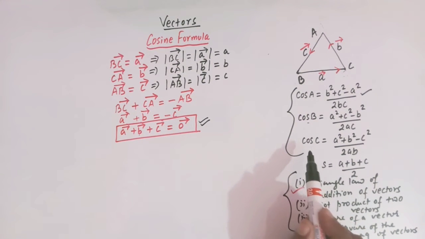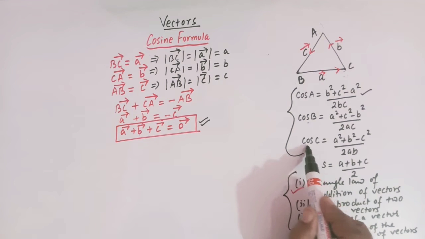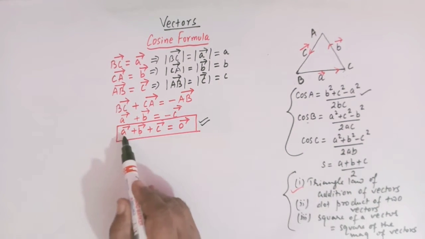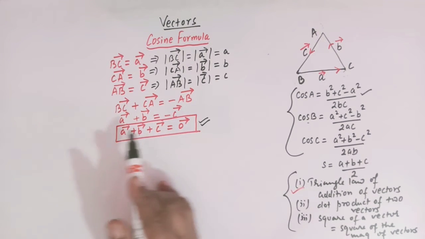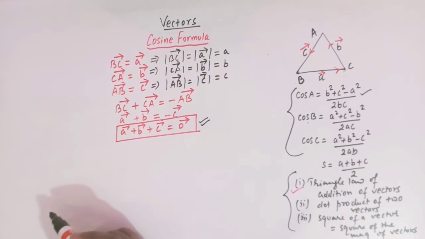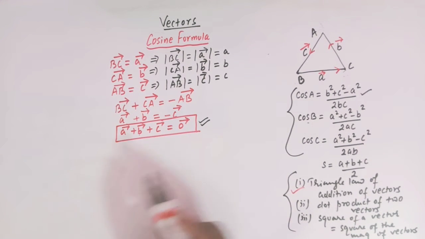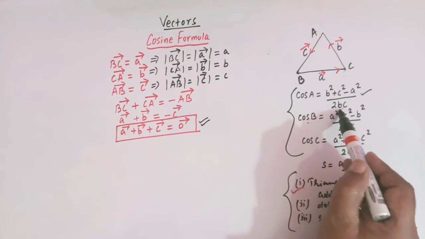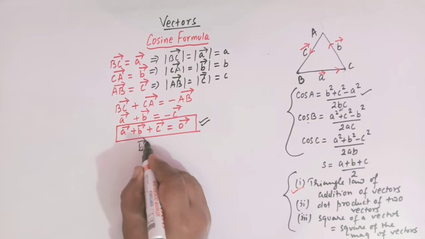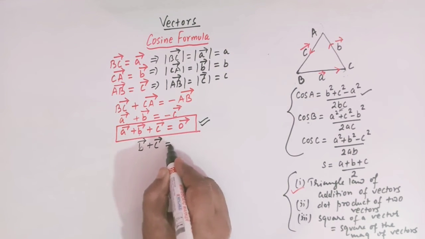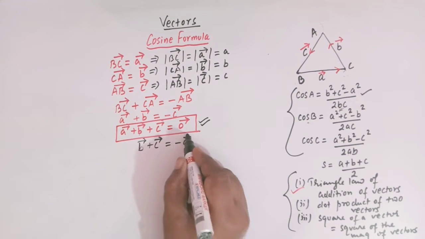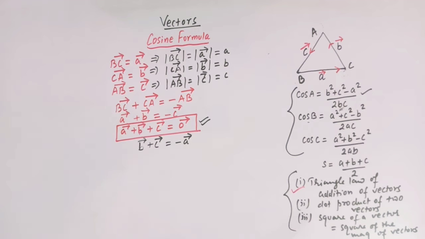Similarly, to derive the cos C result, where we have the product of a and b, we retain a and b on this side and transpose vector c to the right hand side. Here we have bc, so we retain b and c and take vector a to the other side, giving negative of vector a.